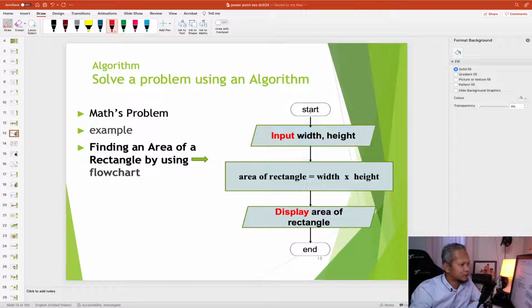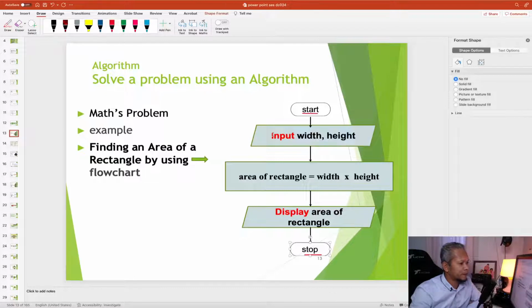So we change it here first, start and stop. Okay, and then we are using the keyword.